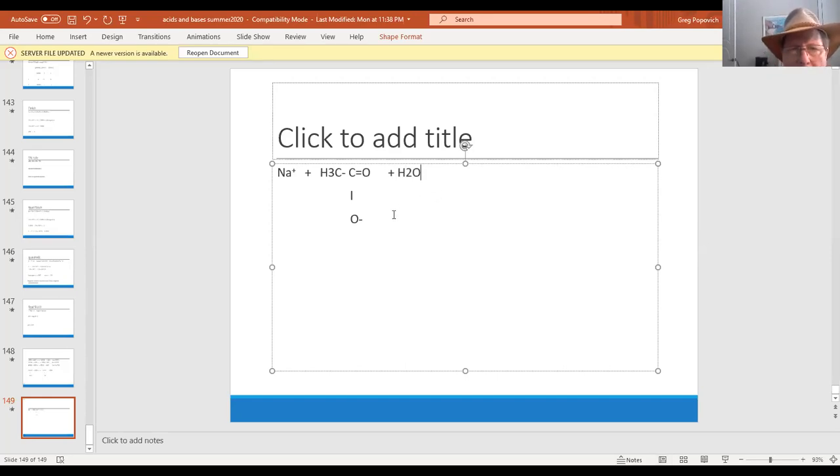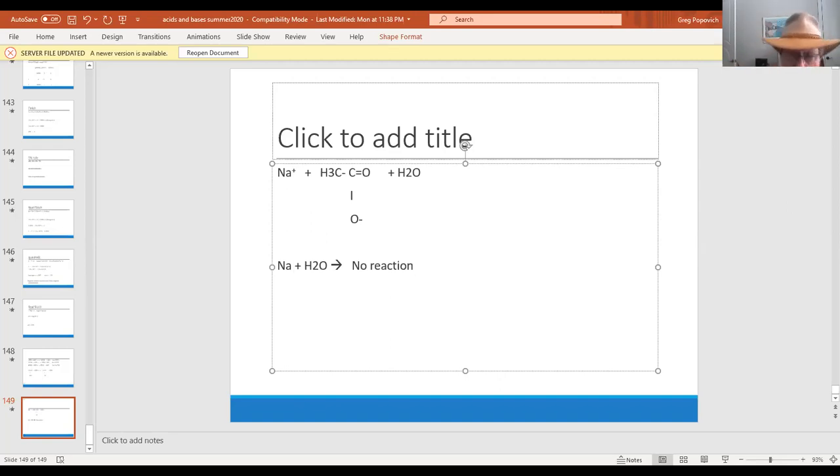Now, what happens with this? Na plus water, no reaction. I get no reaction because Na plus is not strong enough to pull the OH off of water.